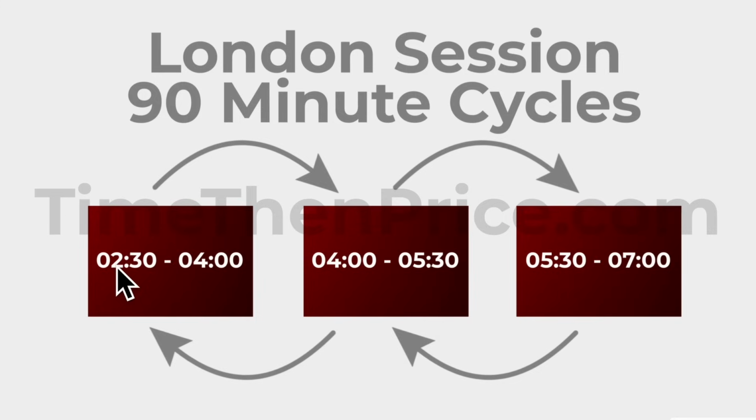Now, just like I've outlined within the weekly and daily delivery, throughout the London session, the same concept applies. By paying attention to the current time cycle, we're able to anticipate what the next time cycle is likely going to do. And throughout that next time cycle, we're going to be paying attention to the previous cycle, its respective high and low, to gauge the order flow.